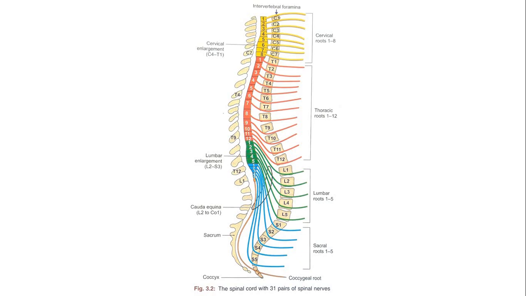In such a way, you have to locate the spinal segment below the particular vertebral spine. This knowledge is useful for the surgical procedure in which laminectomy is done for relieving the cord compression.